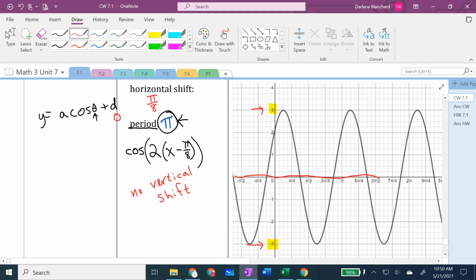My amplitude is 3, but that means that the number I multiply cosine by is either a positive 3 or a negative 3.